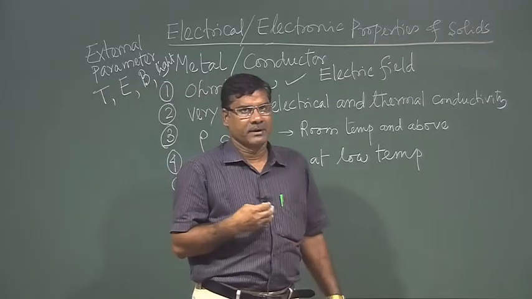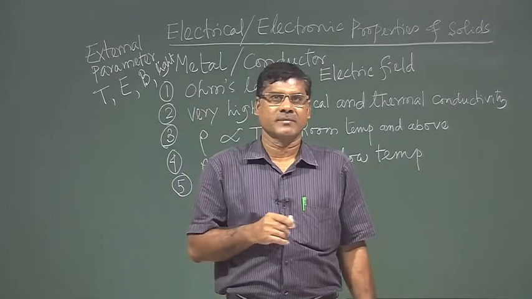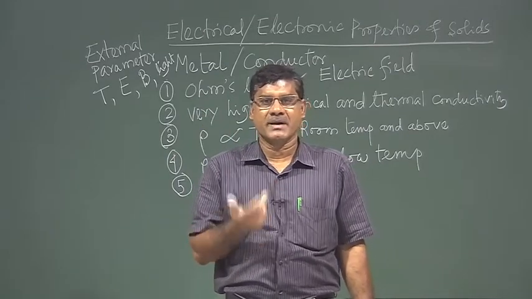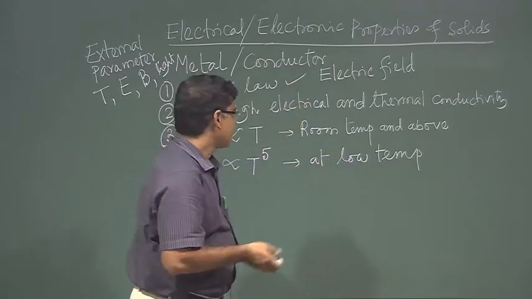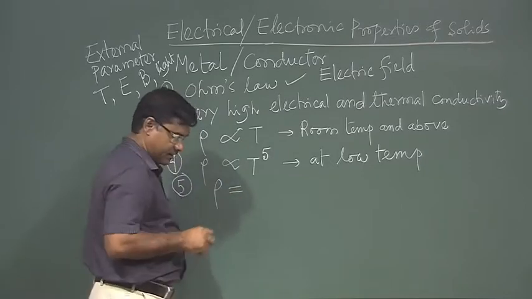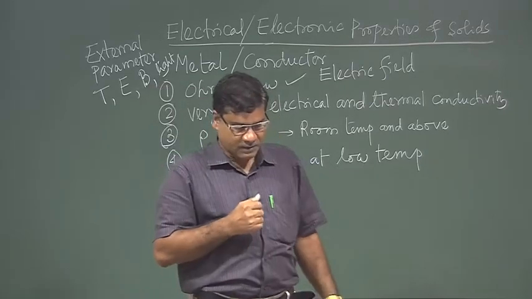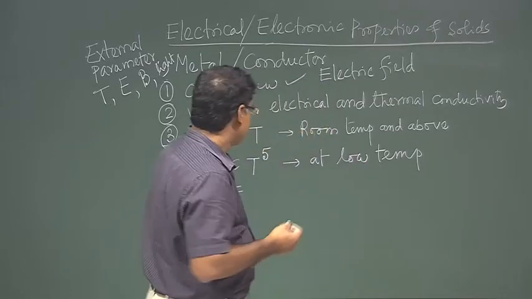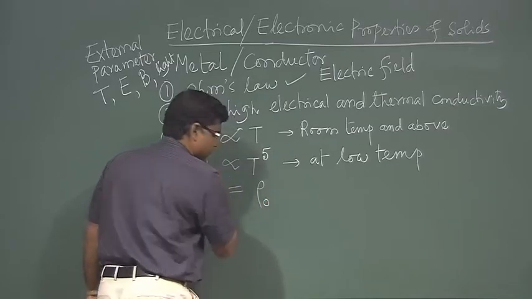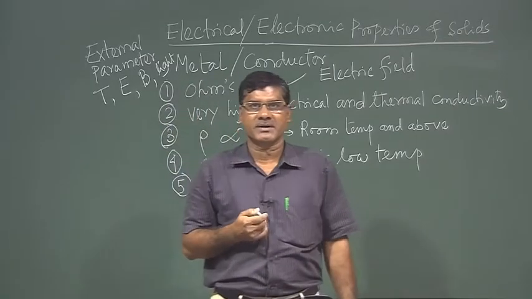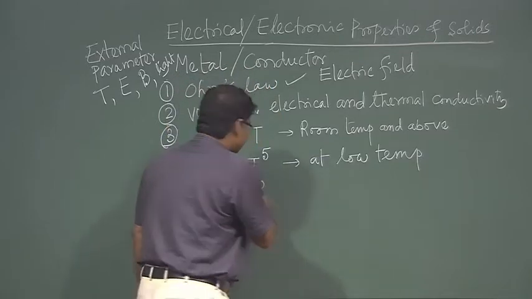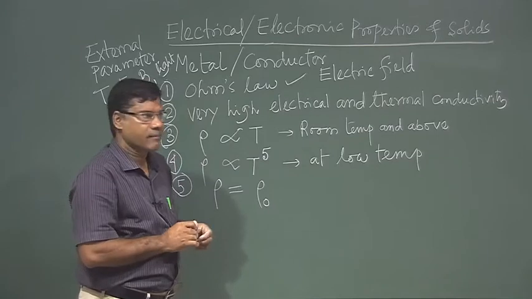If the material is pure or impure, meaning some impurity is present in that material, the resistivity generally has two parts. One part is independent of temperature and is there all the time; we call it the internal resistivity.